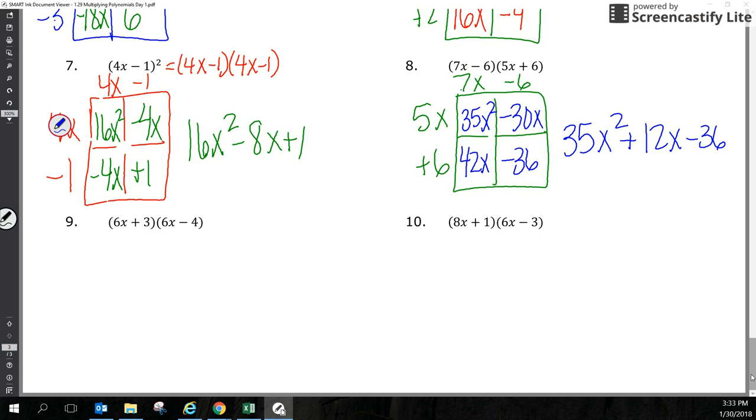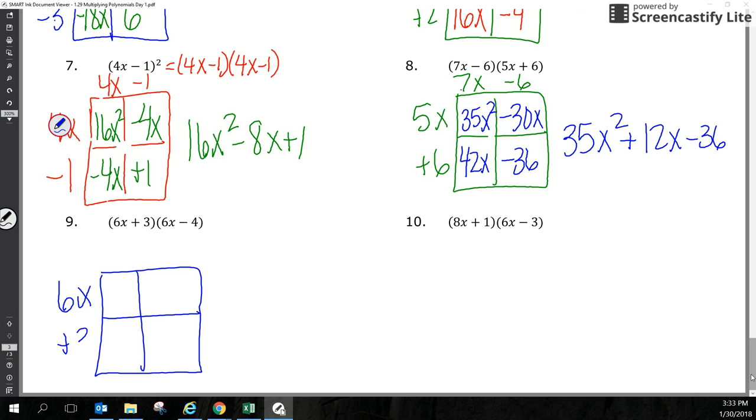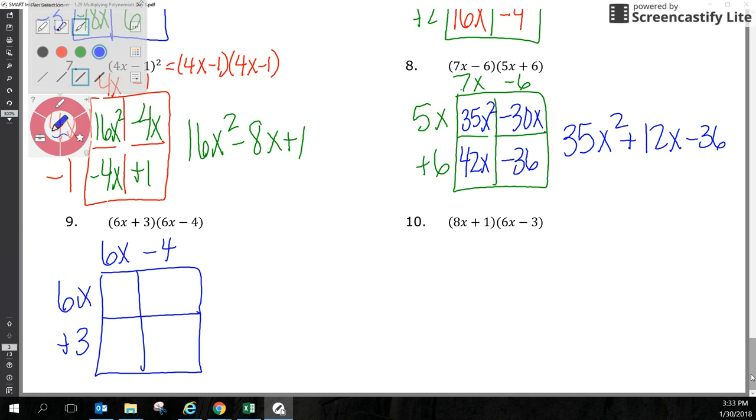Number 9. Set up my square. I'm going to change it up. Put 6x plus 3 down the side. 6x minus 4 up top. And it doesn't matter what goes where. In my top corner, I've got 6x times 6x. 6 times 6 is 36. X times x is x squared.